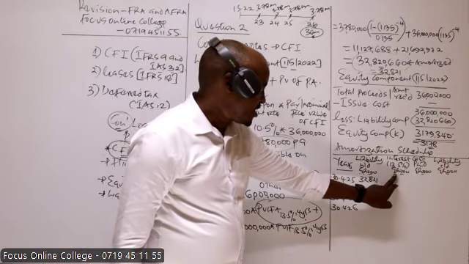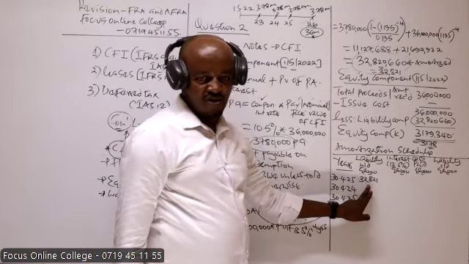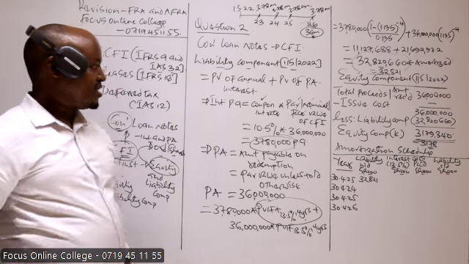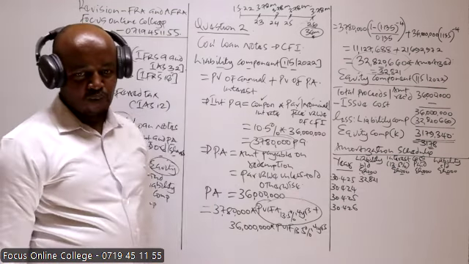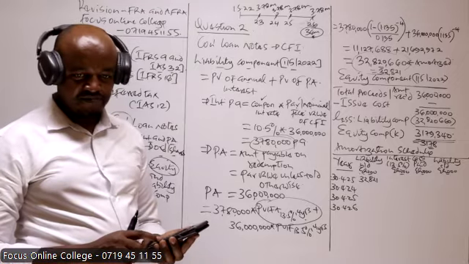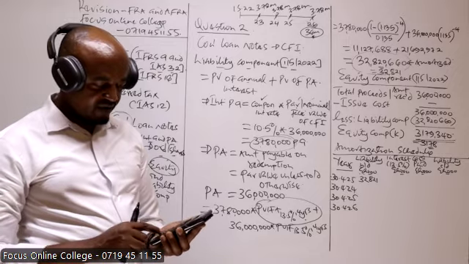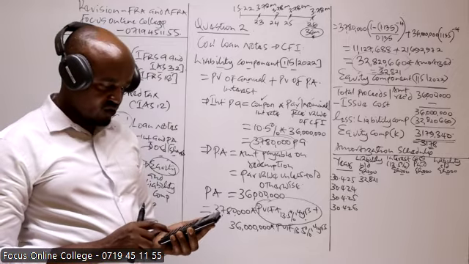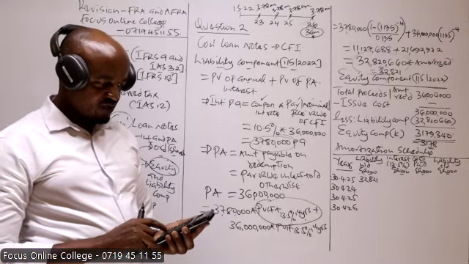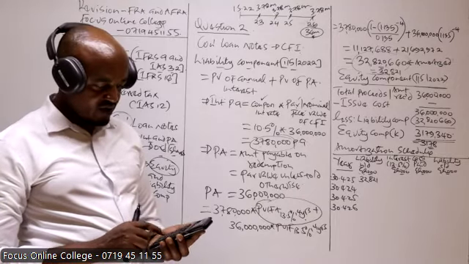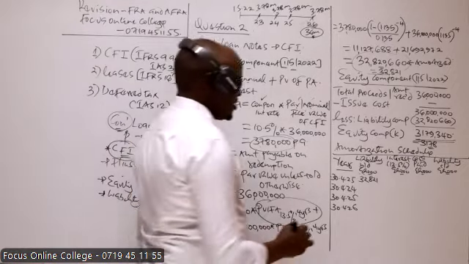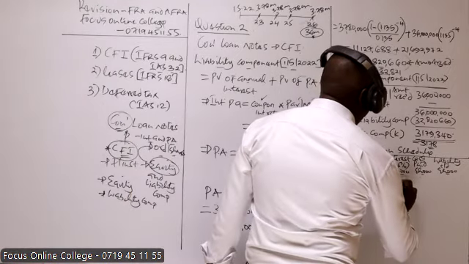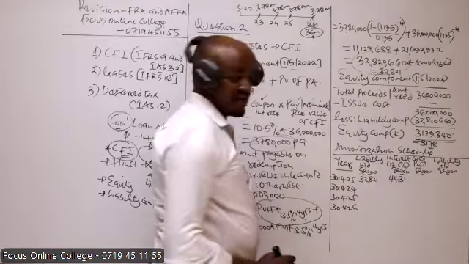The interest will be 13.5% of this value. What are you getting? 13.5% of 32,821. I'm getting 4,431 to the nearest whole number.